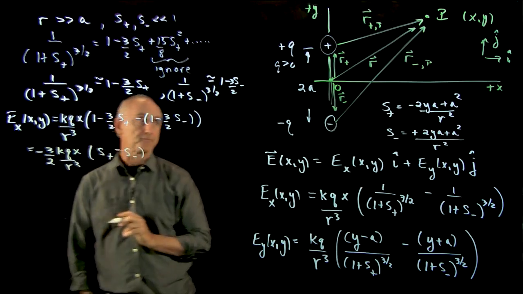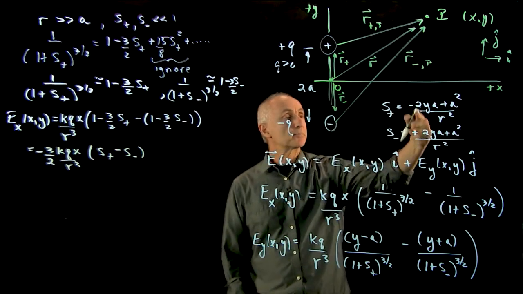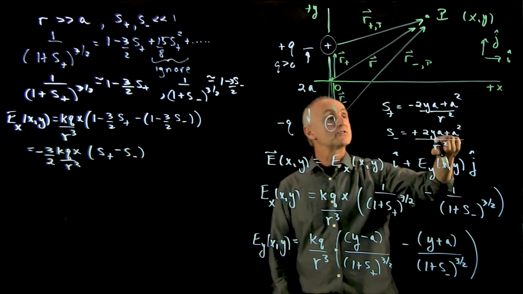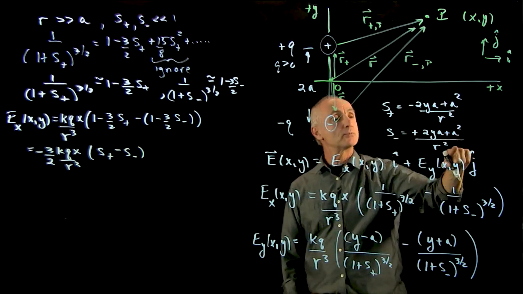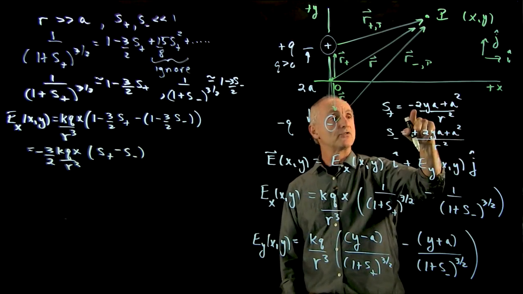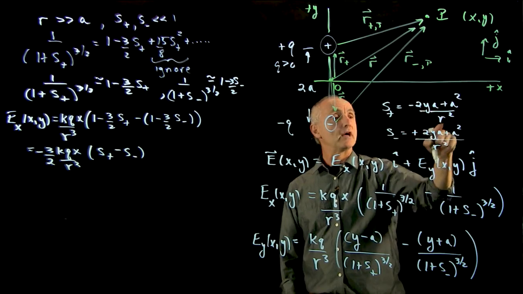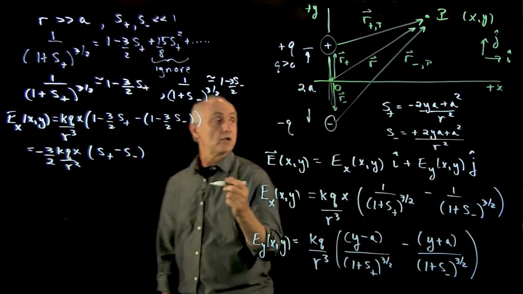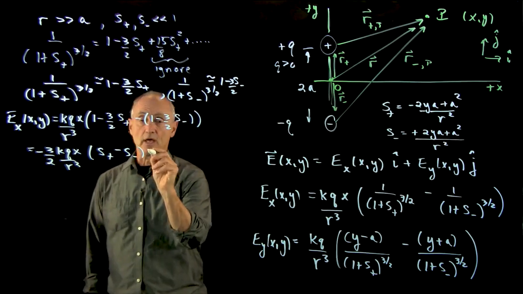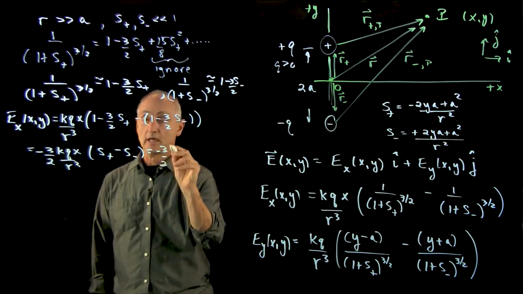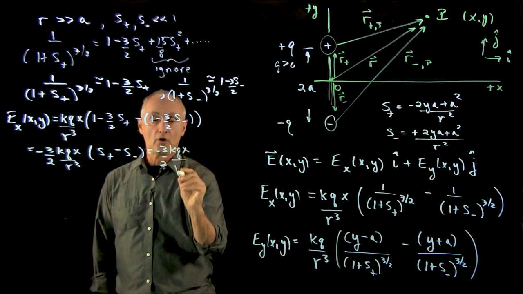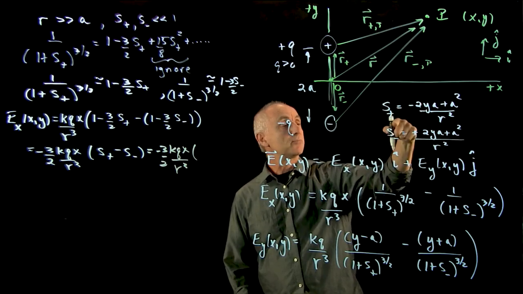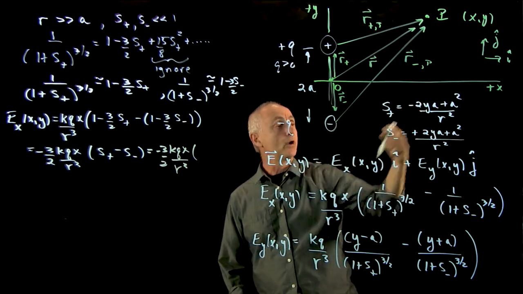minus s minus. Now, when we look at s plus minus s minus, which we have over here, we can see that the a squared over r squared terms are canceling. And we just have these first terms, minus 2ya over r squared minus 2ya over r squared. So this becomes minus 3/2 kqx over r cubed. When we subtract these two terms, s plus minus s minus, we get a negative sign, 4.